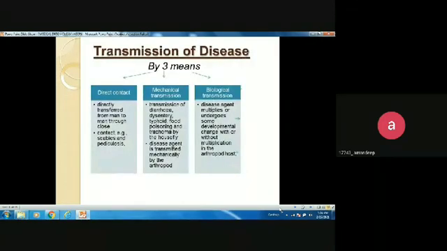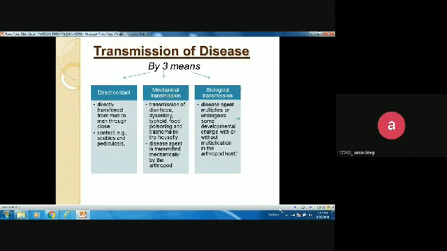Now, transmission of disease. Diseases are transmitted by 3 means. First, direct contact. Second, mechanical transmission. And the third one is biological transmission. First, direct contact. In direct contact, the disease is directly transferred from one man to another man through close contact, for example, scabies and pediculosis.